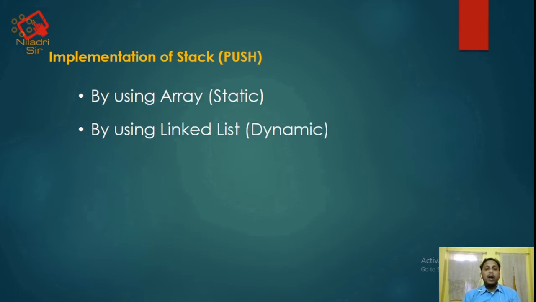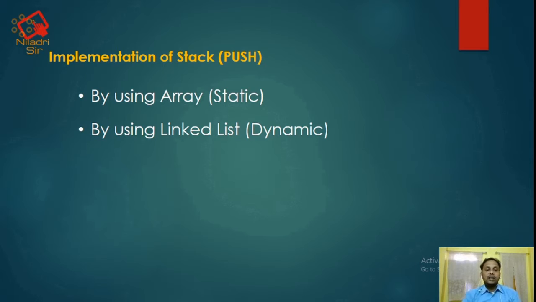If we want to insert elements into the stack using static memory allocation, then we will use an array. And if we want to insert elements into the stack using dynamic memory allocation, then we will use a linked list. We have not yet learned about linked lists. In a later lecture we will learn linked lists.